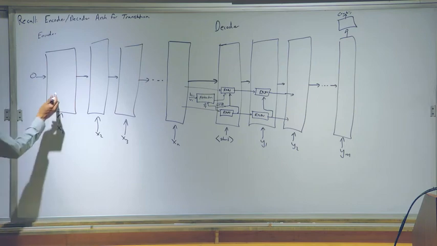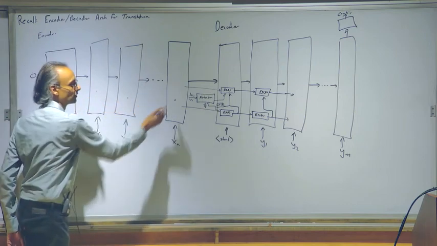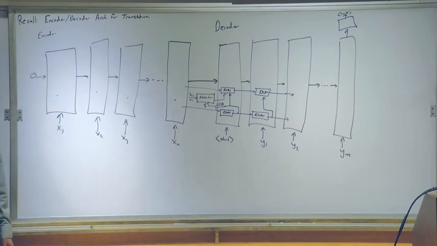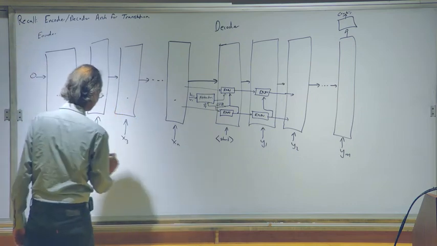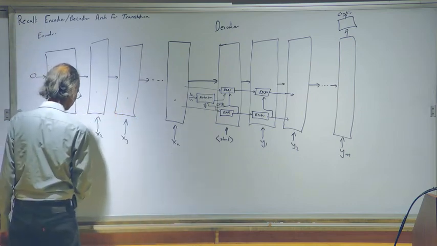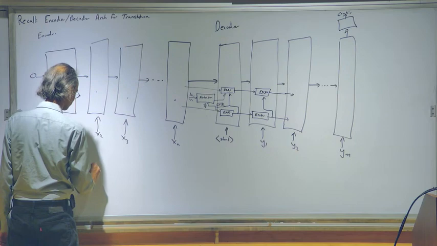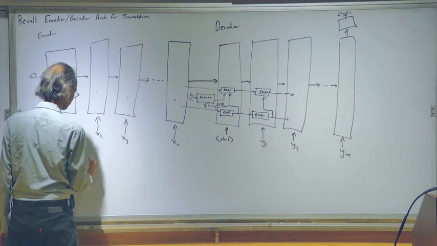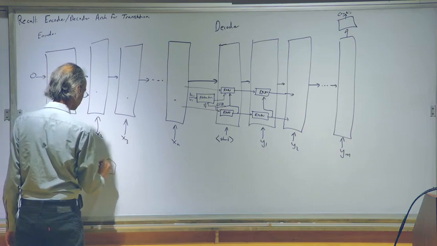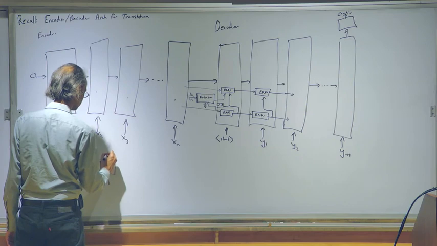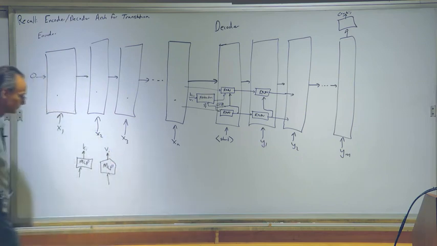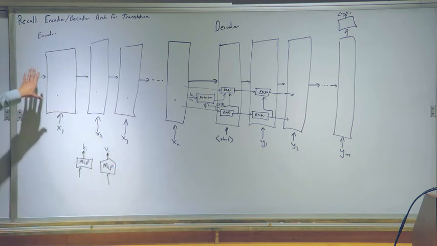Well, they're coming from over here. Okay? So on this side, we have something that's populating these key value pairs, right? And that's on this side, in the encoder side.